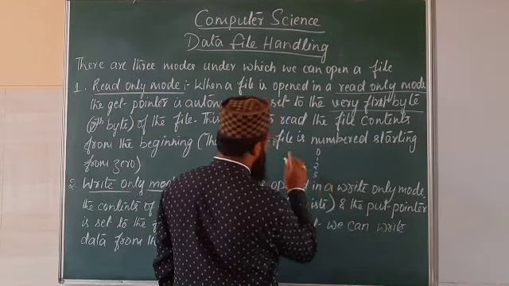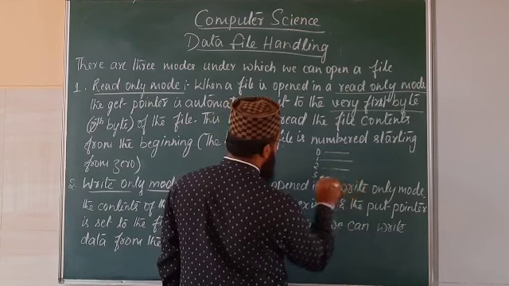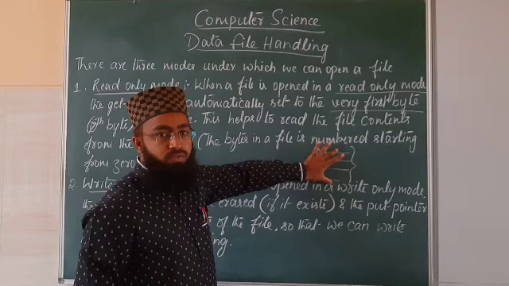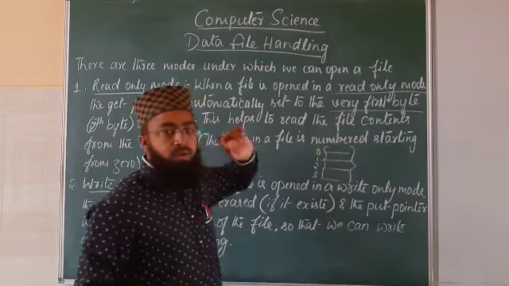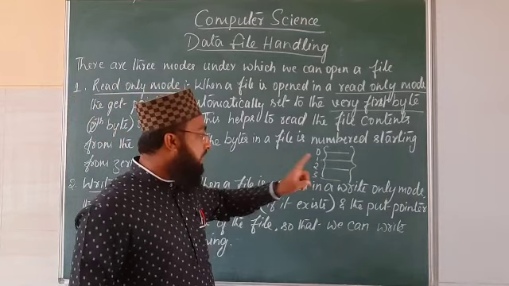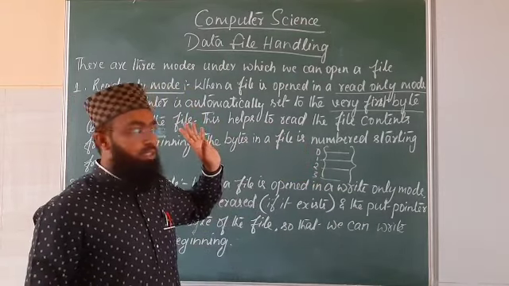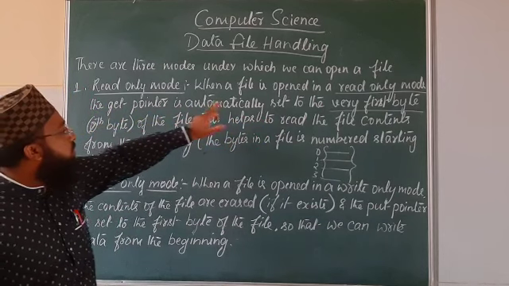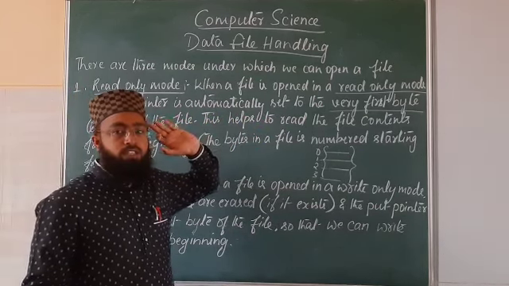These are the contents of a file, and this is a file. Each content of a file is counted starting with 0, so the very first byte.